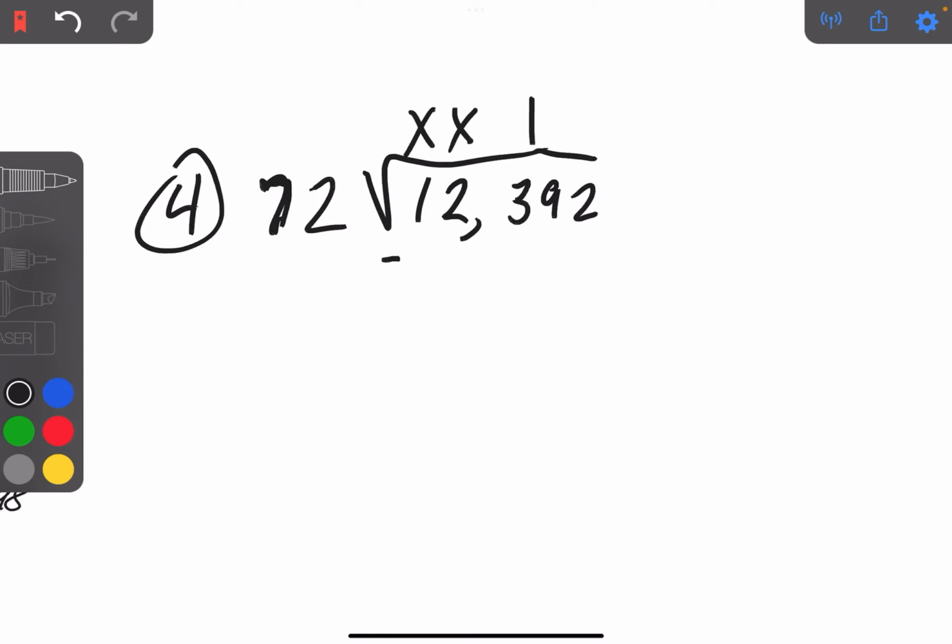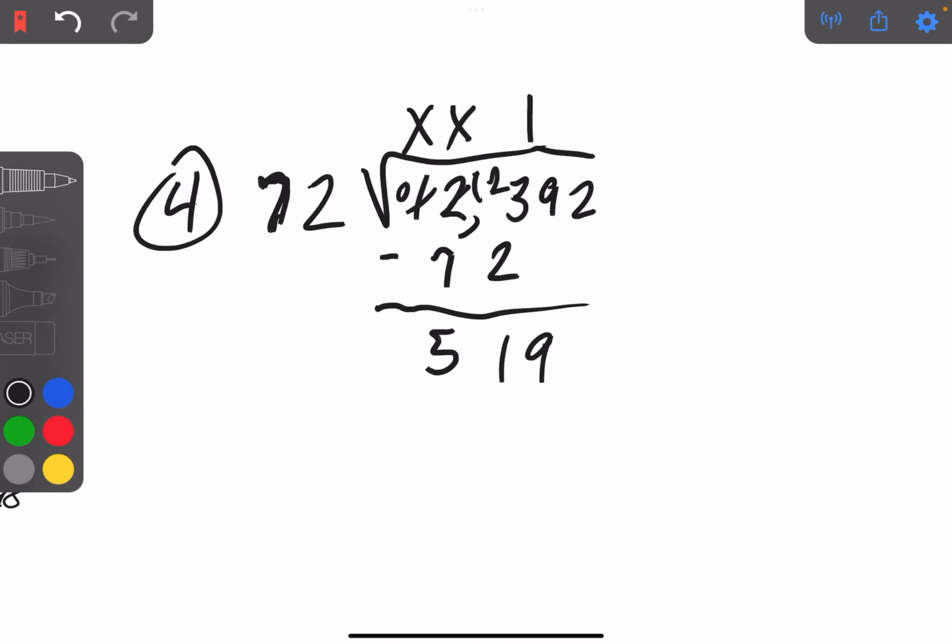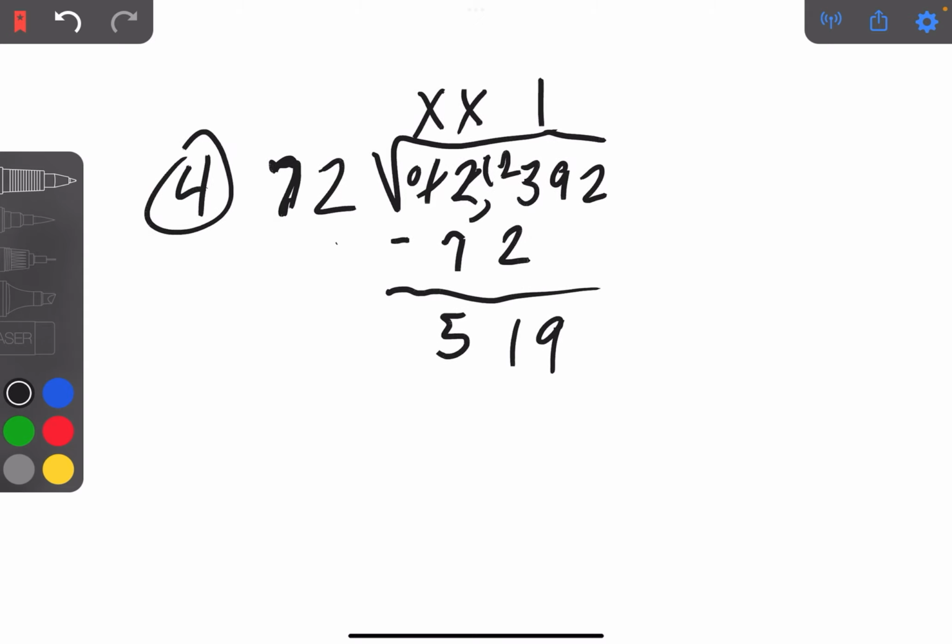So we subtract by 72, and we get 1. We borrow over, and we get 51. Now, we'll drop down our 9. So this is a hard one. Let's try 8. So I'm guessing that it's 8. 576.